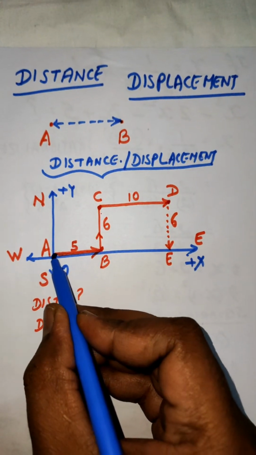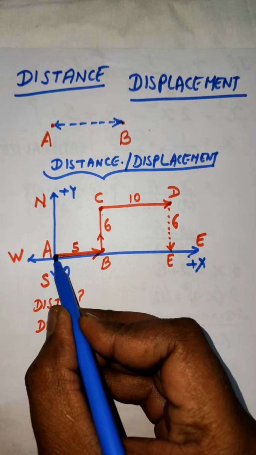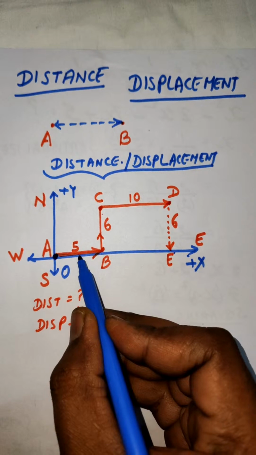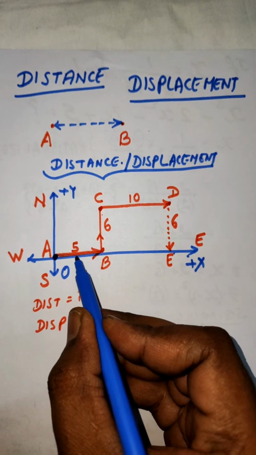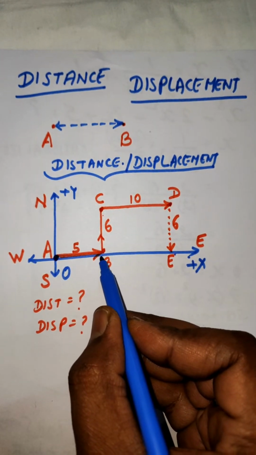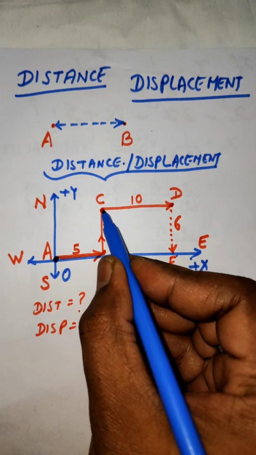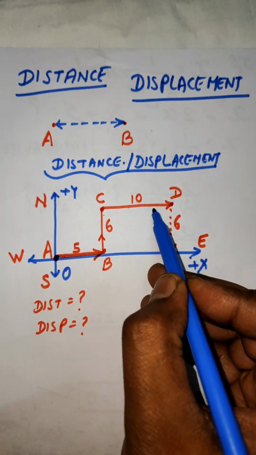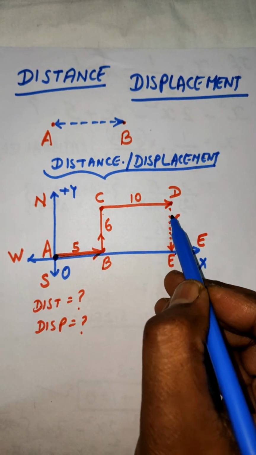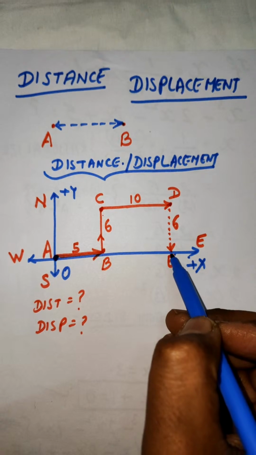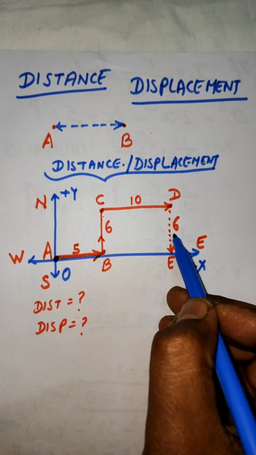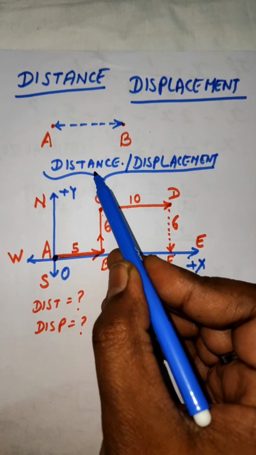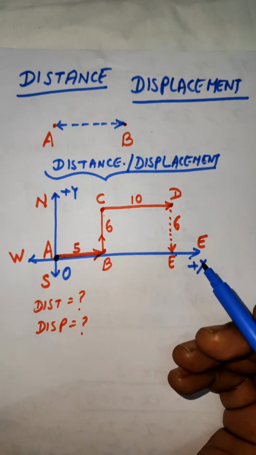The question is that the person starts from A and reaches E after walking 5 kilometer or 5 units in east, then 6 kilometer in north, then 10 kilometer in east, then again turning to south and going 6 kilometer. So the distance, as I said, what is the definition of distance?